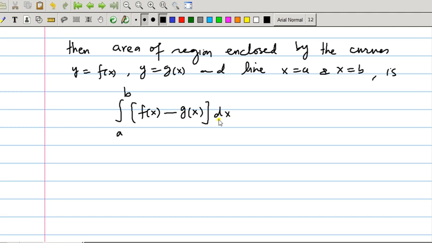This is it. You can see that here, if I have one curve above and the second is below, if I only integrate f(x) from a to b, I will get this whole area from the x-axis to f(x).